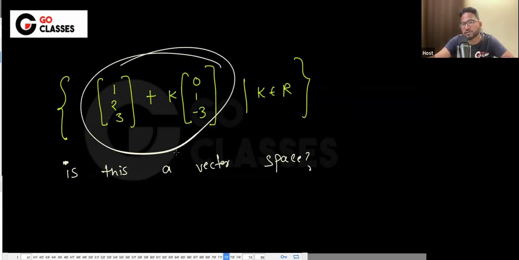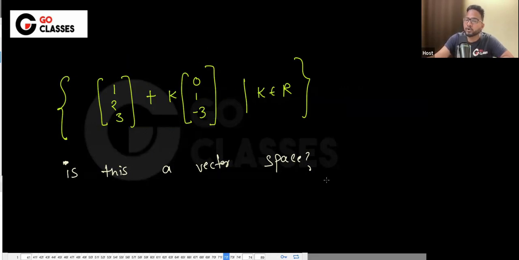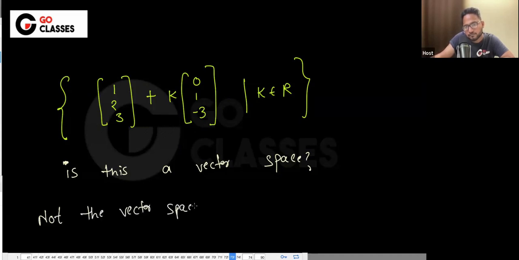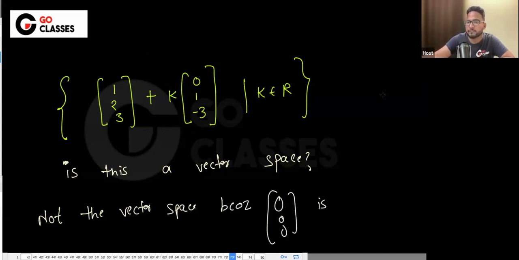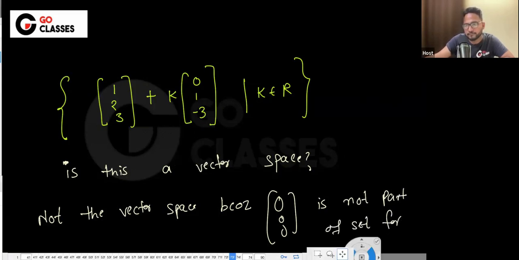Can you, by the addition of these two, by putting any value of k, get zero here? No, right? So this is not a vector space because zero is not part of the set for any value of k.